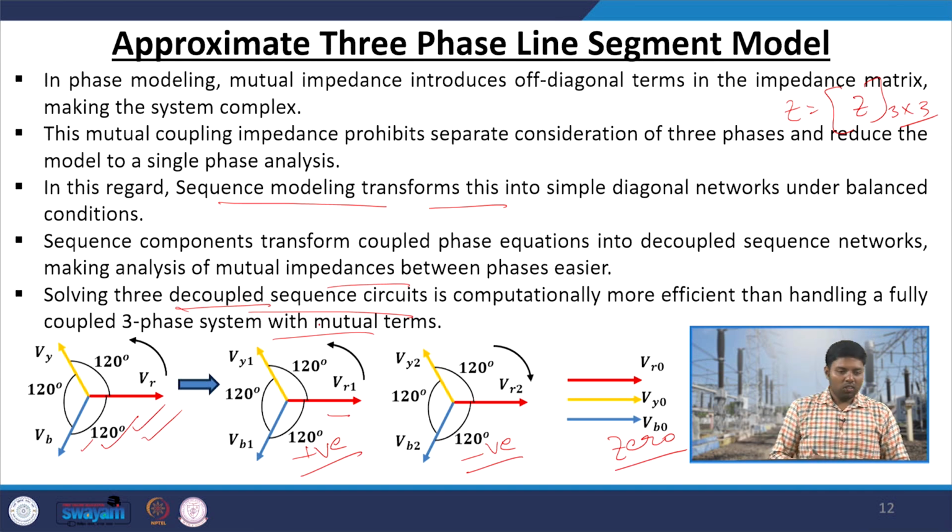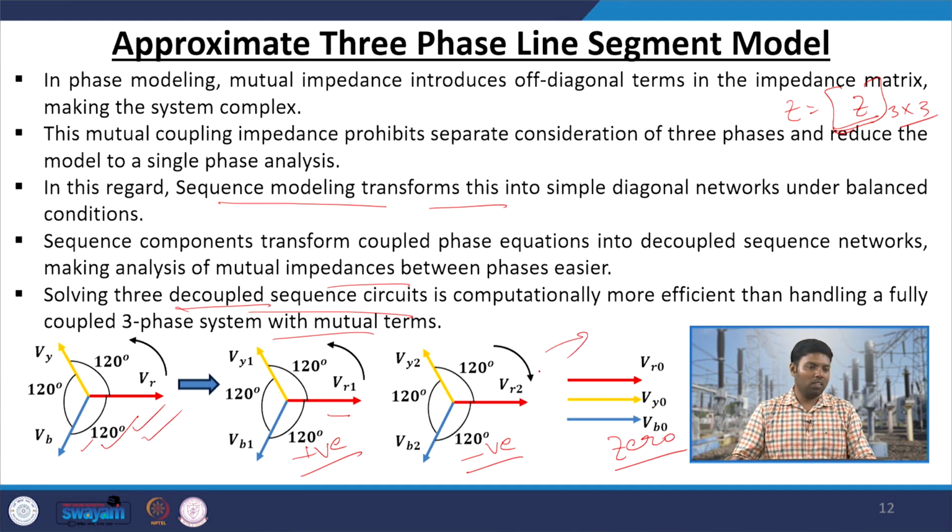We will do the analysis for the balanced version, and we will see how the sequence component analysis makes this Z, which is a 3 cross 3 matrix for a distribution network, become a decoupled scenario.